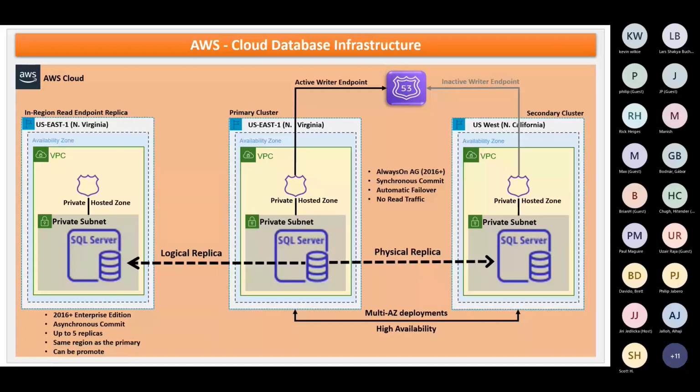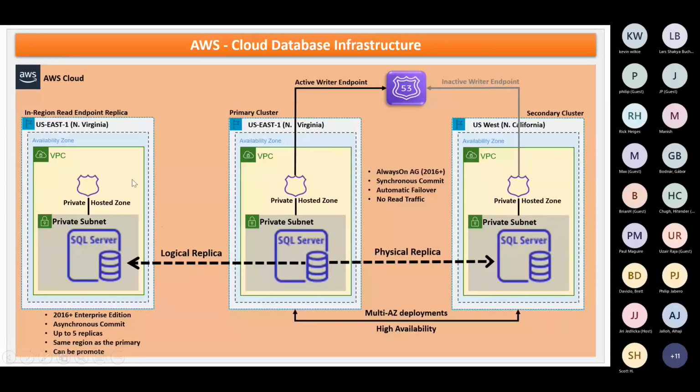But one thing you have to know, it is a logical replica. So any processes that require latest data, I would highly suggest you leave it pointing to your cluster. But anything that is okay if one or two minutes of data behind, there's a lag, so you have to point it to your in-region read replica endpoint.